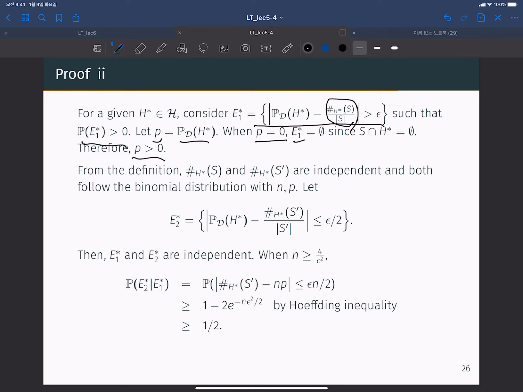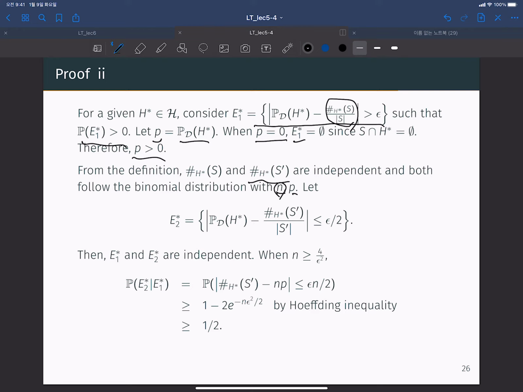From the definition, the number of data points belonging to the positive area of H star when you sample the first n data points to define S, and the number of data points belonging to the positive area of H star from the next n training data points, which is defined as S star, are independent and both follow the same binomial distribution with parameters n and p.